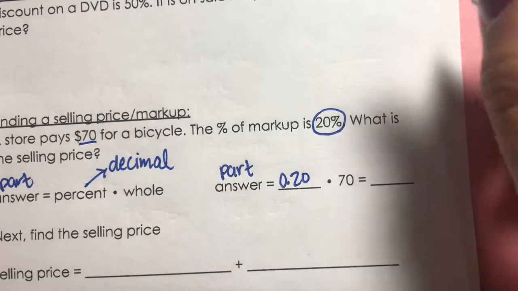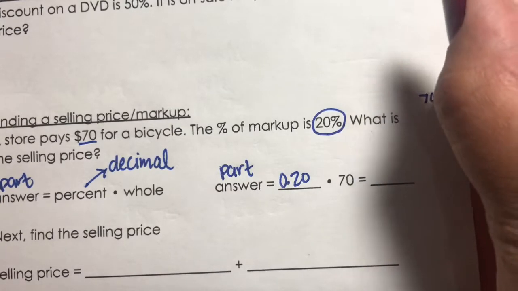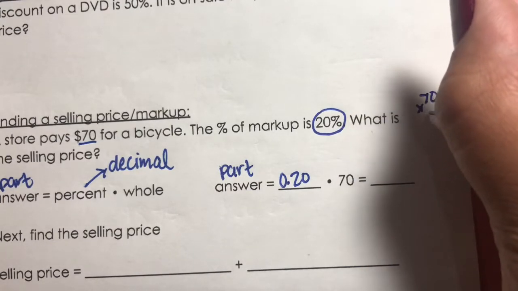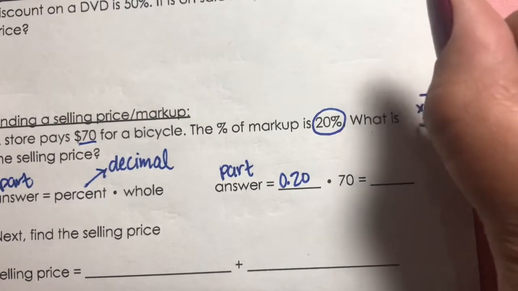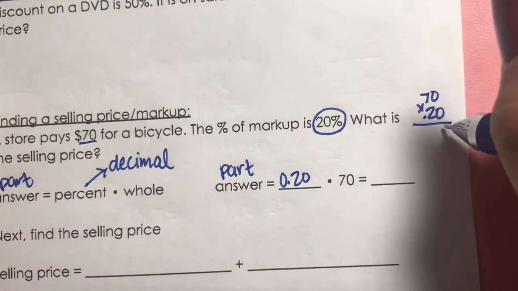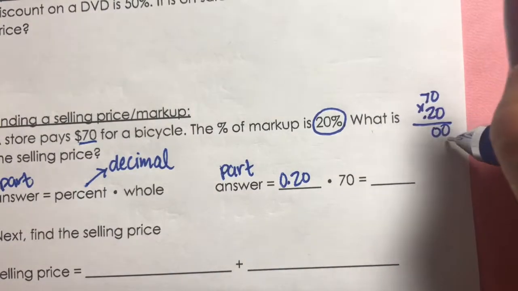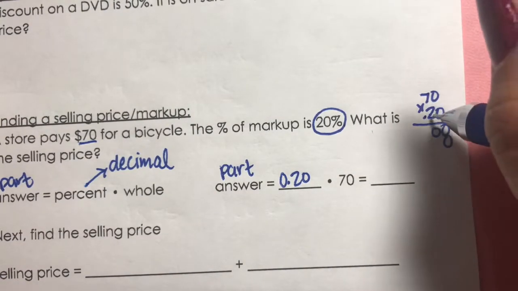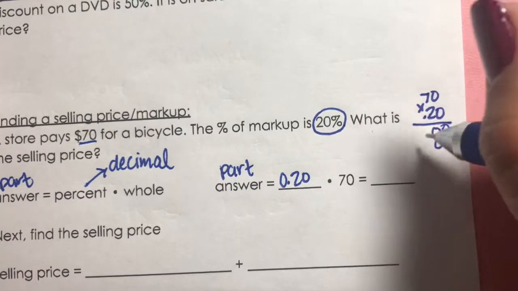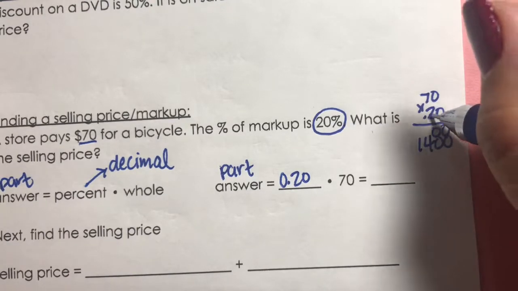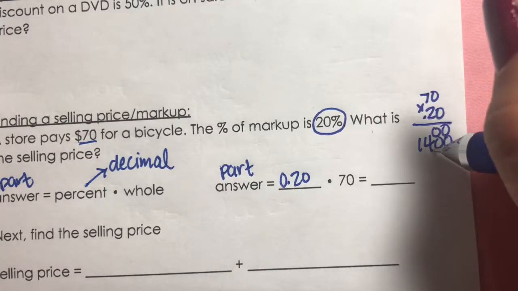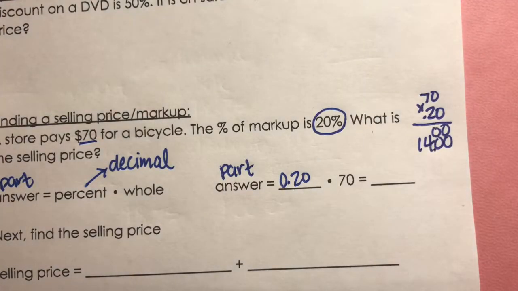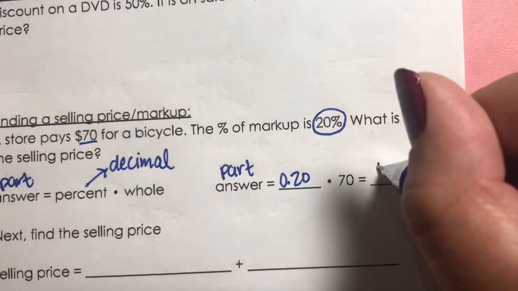70 times 0.20. So 0 times 0 is 0, 0 times 7 is 0, add a 0 place value here, 0 times 2 is 0, 7 times 2 is 14. Count the place values, because we're working with decimals, and move the decimal two places to the left, and that's 14.